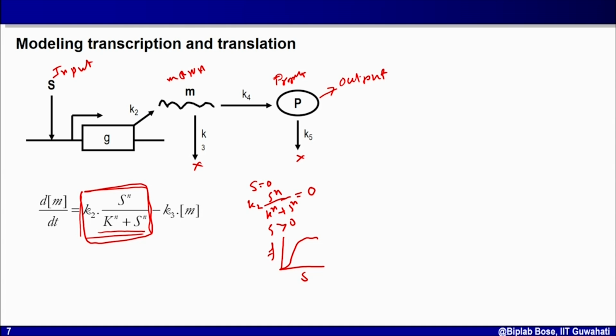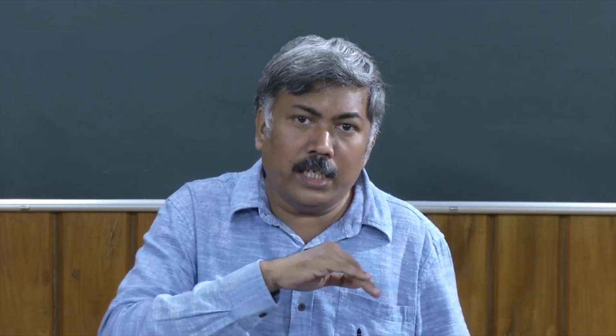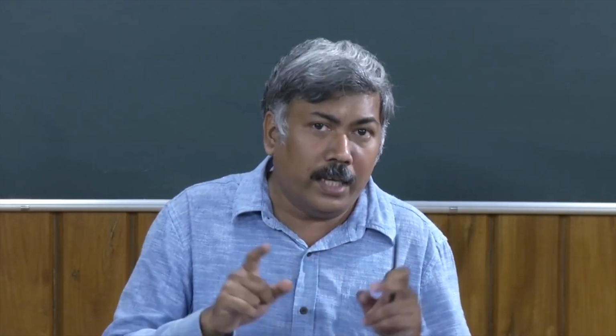So initially when S equals 0, K2 into 0, so the rate is 0, no transcription. As you increase S, S to the power n divided by K to the power n plus S to the power n, this Hill function will move towards 1 depending on the value of S in a sigmoidal fashion.